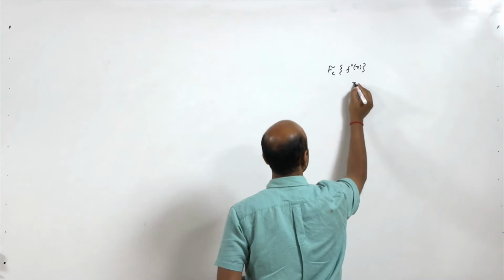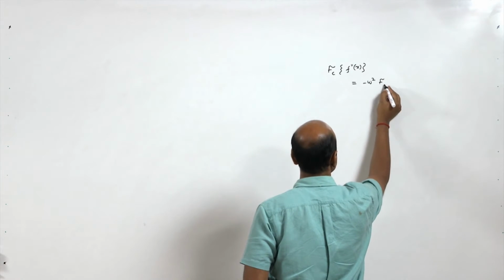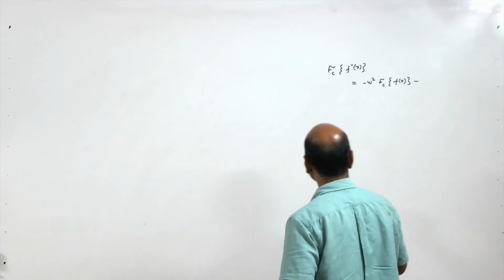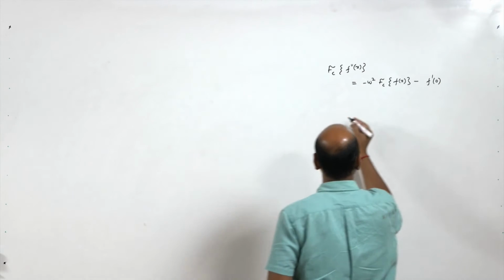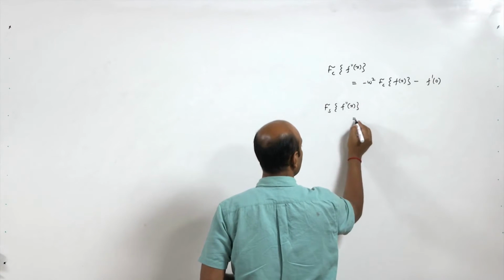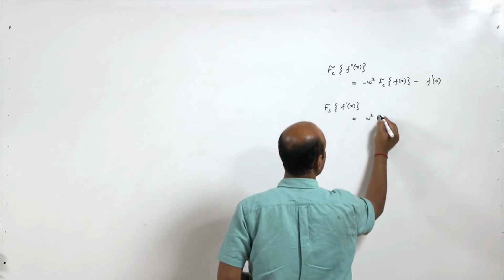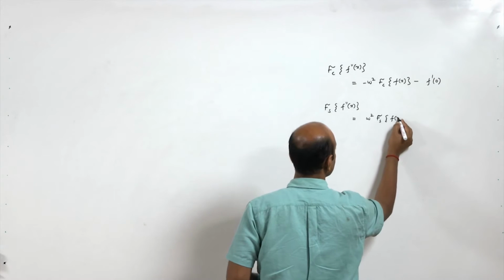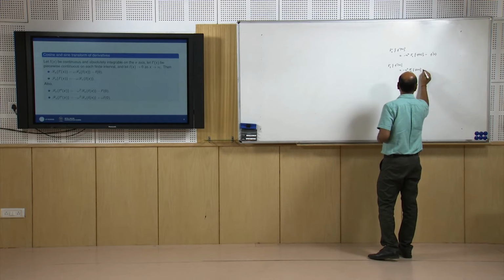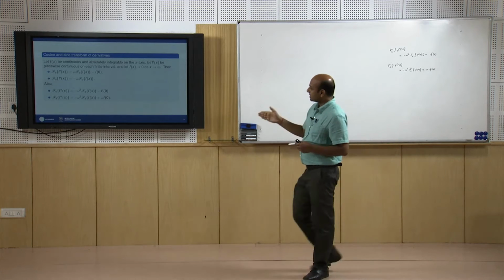We have already derived it: it is minus omega square Fourier cosine of f x minus f dash 0, and the Fourier sine of f double dash x is minus omega square Fourier sine of f x plus omega f 0. These results we have already discussed in the last lectures.